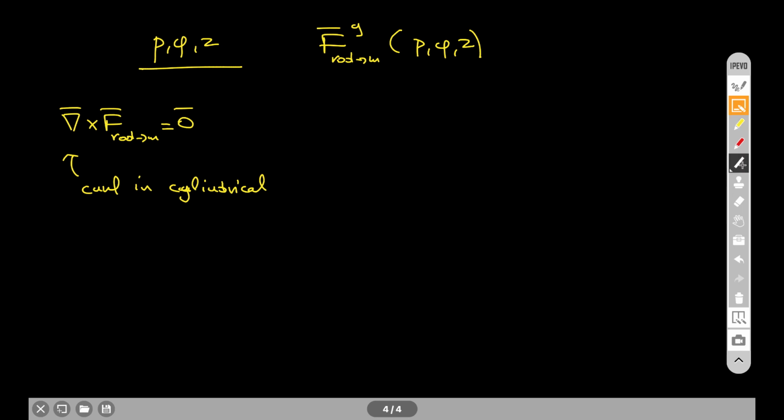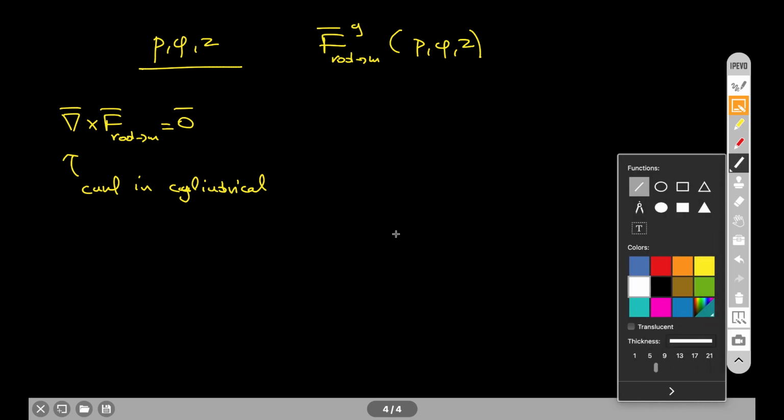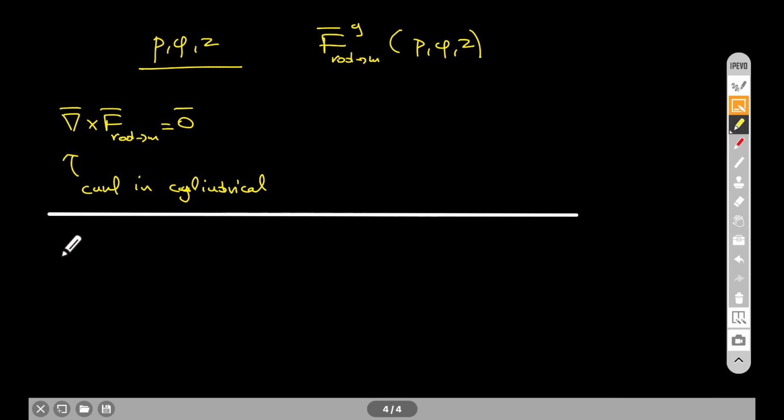Now, there is another thing that you can do. You can calculate, of course, the curl of a vector in a different coordinate system. So you can use Cartesian.